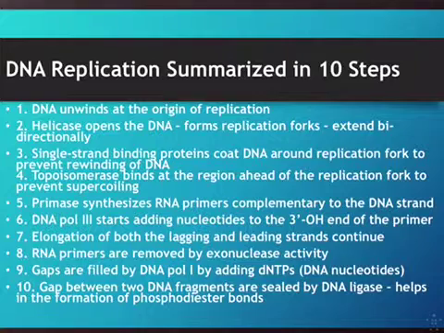Then the elongation of both the lagging and the leading strands continue. The RNA primers are removed by the exonuclease activity. The gaps are filled by DNA polymerase 1 by adding dNTPs, those DNA nucleotides. And then the gaps between the 2 DNA fragments are sealed by DNA ligase, which helps in the formation of those phosphodiester bonds.